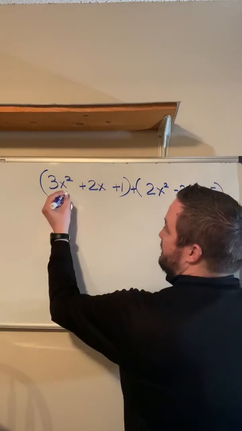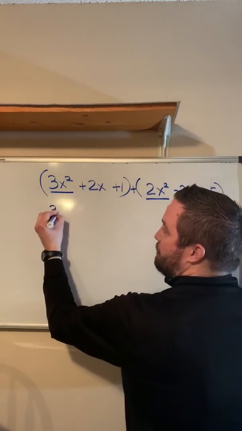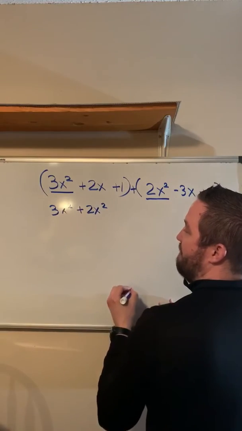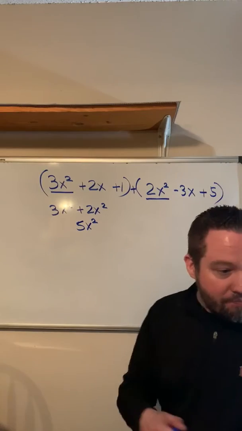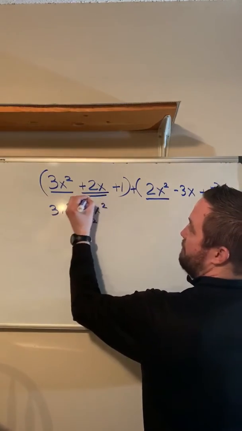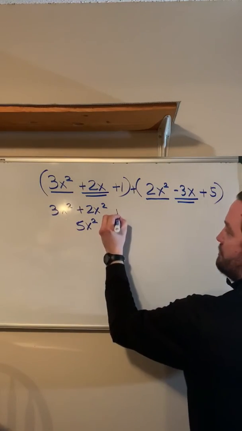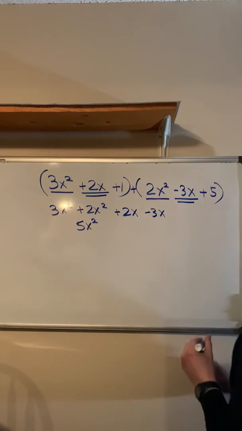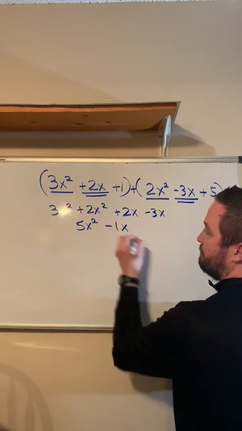So I notice here I've got 3x squared and 2x squared. So it becomes 3x squared plus 2x squared, and that's going to give me 5x squared. Then I take my other like terms. I've got my 2x, I'm going to give that 2 lines, and I've got my negative 3x. So now I have a positive 2x minus 3x, which is going to be a negative 1x.